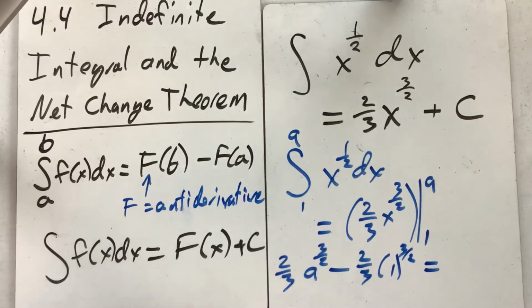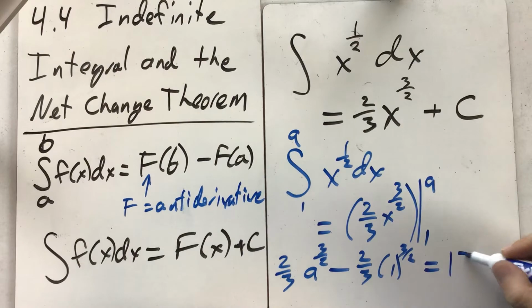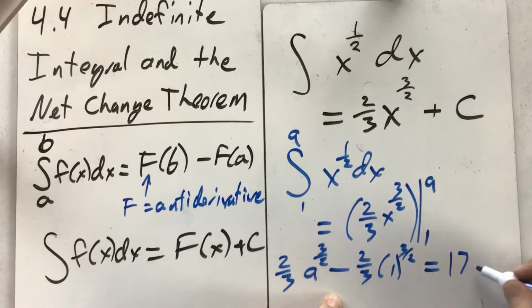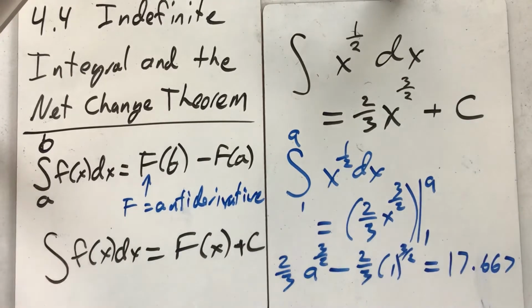The square root of 9 is 3, so this is 27. So this is 18 minus 2/3, so 17 and 1/3, so 17.333.